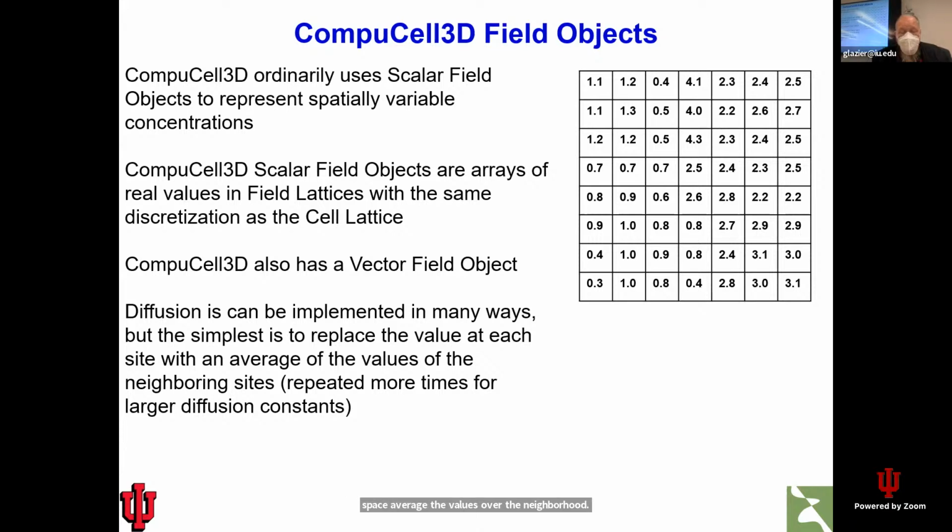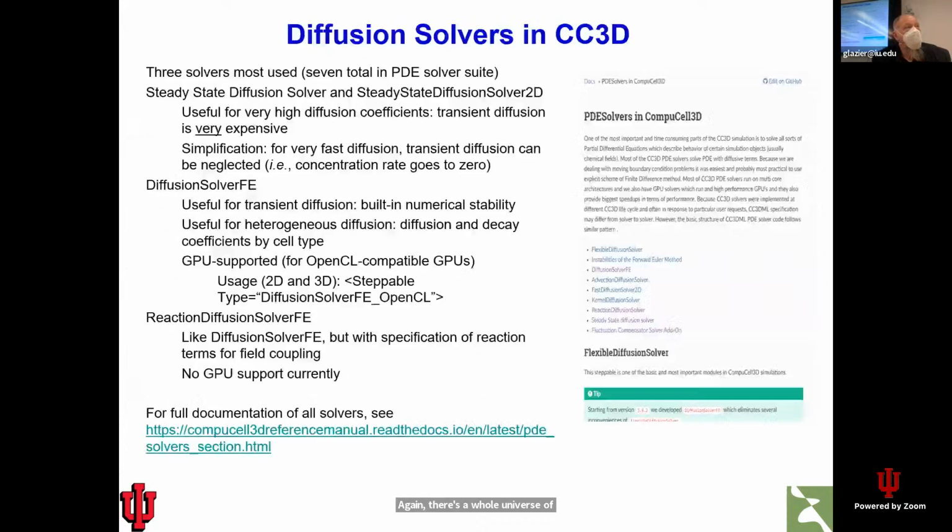That's called the Gaussian kernel integration. And that's the one that CompuCell uses for most purposes. It is not the fastest way of doing things, but it has the advantage that it allows you to have non-uniform diffusion constants. Again, there's a whole universe of fancy diffusion solvers if people are interested in that.